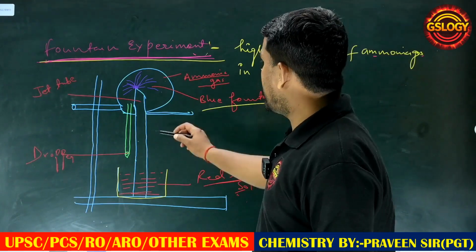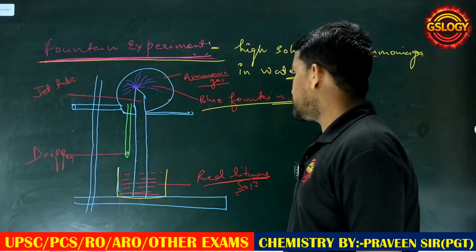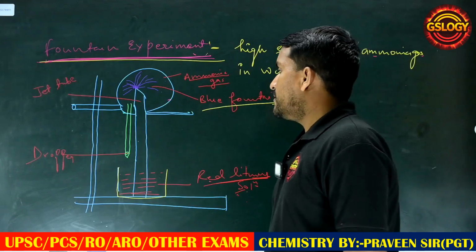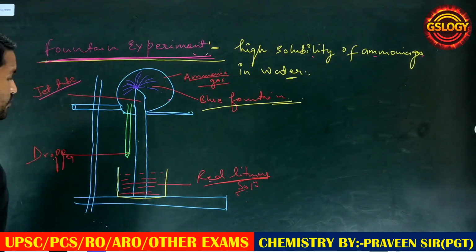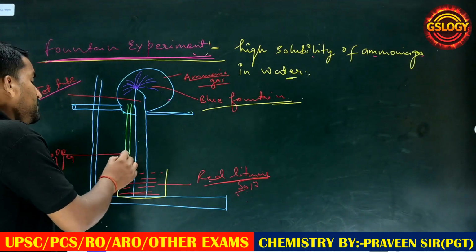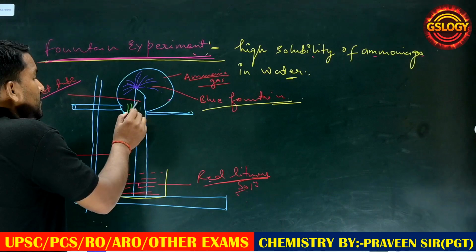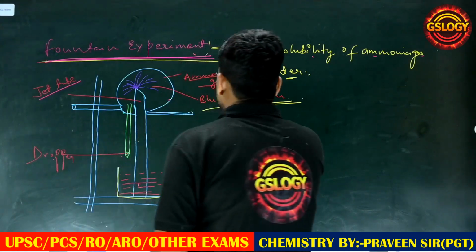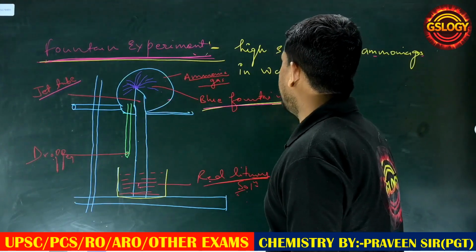It has a bottom glass flask which contains ammonia gas, a beaker with red litmus solution, a dropper, and a jet tube. When you press the dropper, the red litmus solution goes in and reacts with the ammonia gas. Then it produces the blue fountain.